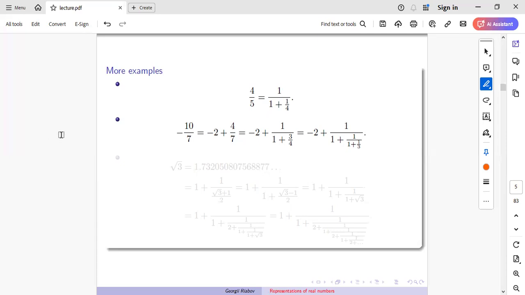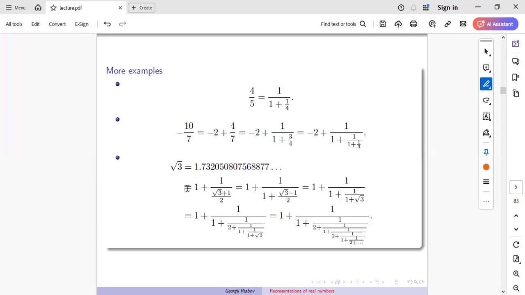Okay, and one more example, root of 3. So this is an irrational number. To obtain its representation as a continued fraction, we use the same approach as for root of 2, namely root of 3 minus 1 times root of 3 plus 1.